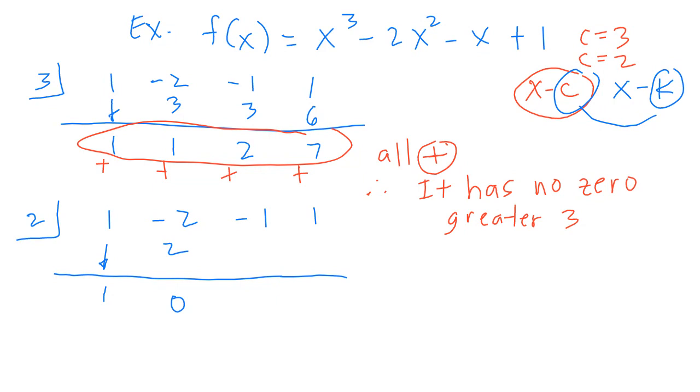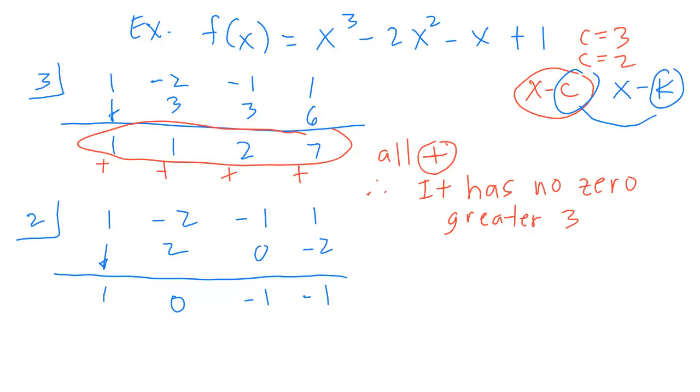Multiplying 0 times 2, which is our c here, that would be a 0. Adding this would be a negative 1. Multiply again, it gives us a negative 2. Okay. And then adding this, it gives us a negative 1.